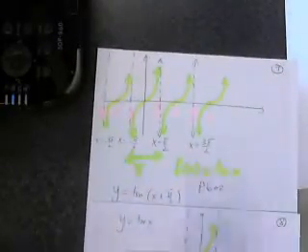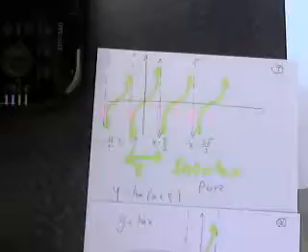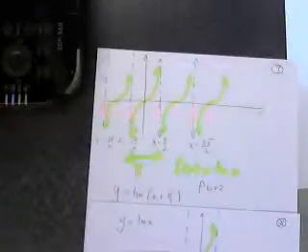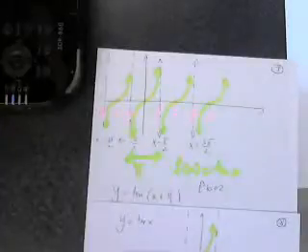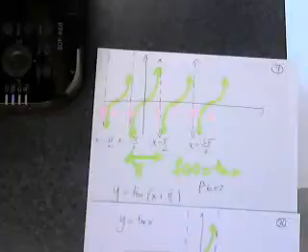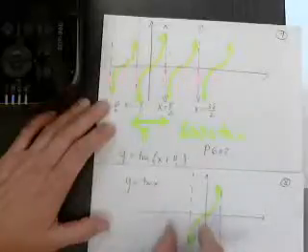But now they want us to graph the first one, which is tangent x plus pi over 2. What transformation is this? Shift where? To the left, how much? Pi over 2.